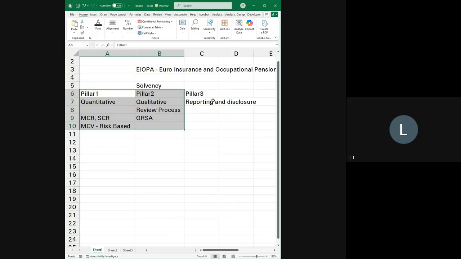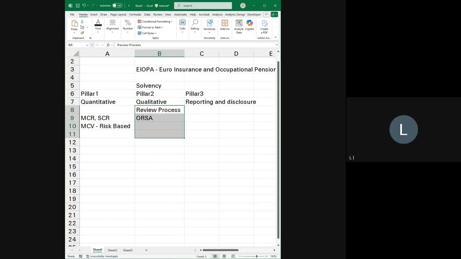For example, under Solvency 2, you make disclosures to the regulator which involve the MCR, SCR you have calculated, the ORSA reports, the risk management measures you have adopted for your company, the fit and proper things we're talking about, how your auditors are fit, how your people are fit, and the internal risk culture in the insurance company.